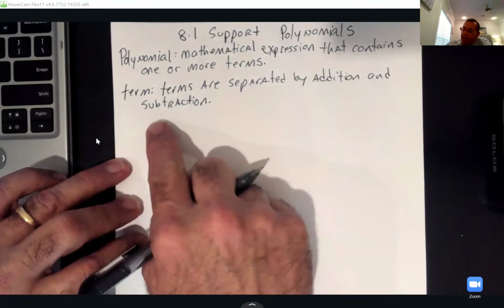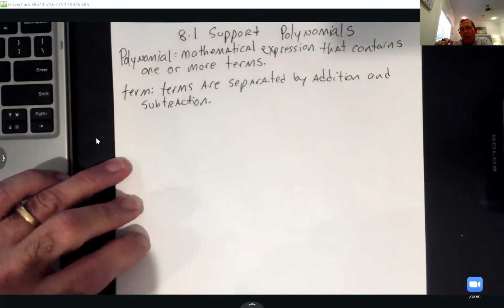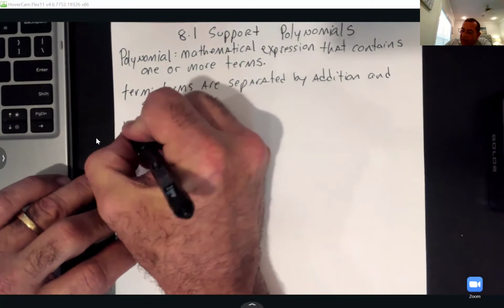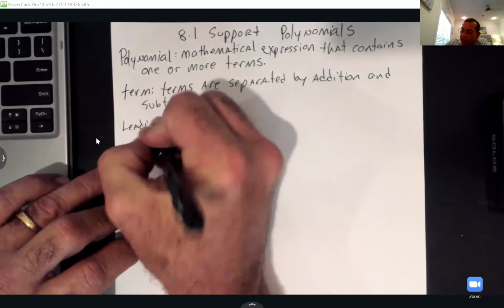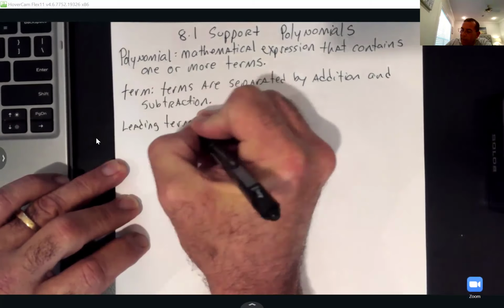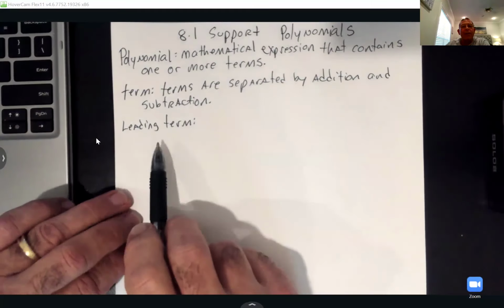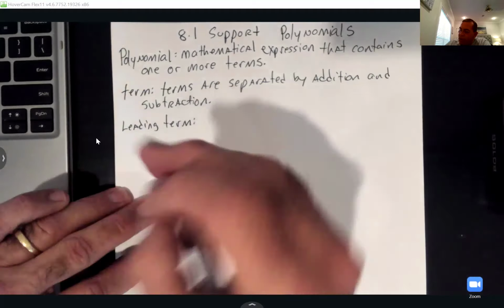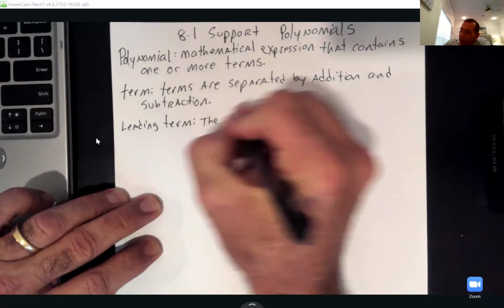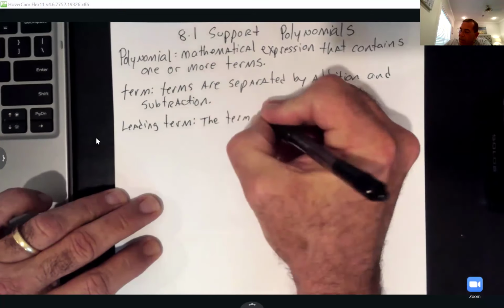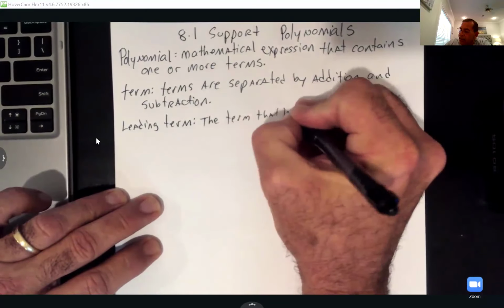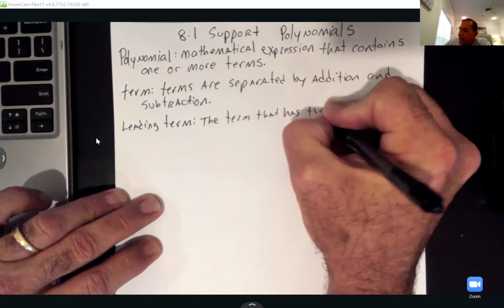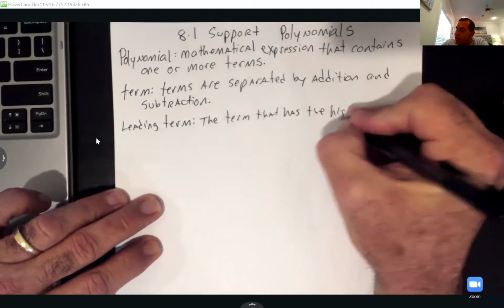All right, so we're going to be concerned with what we call the leading term. So when they ask for the leading term of a polynomial, that's going to be the term that has the highest exponent.